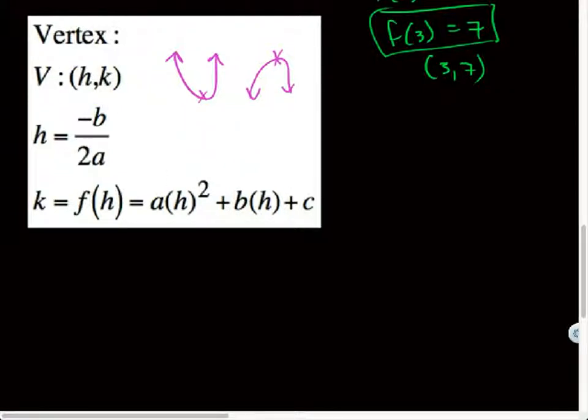Other significant points you might want to know are the x-intercepts.